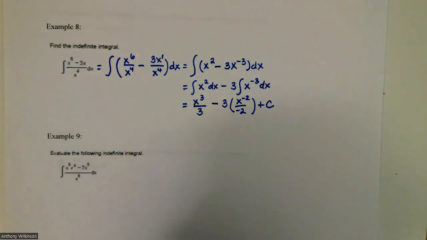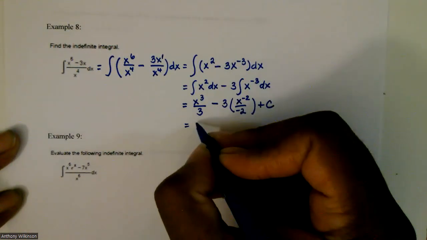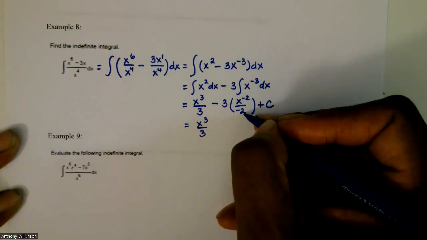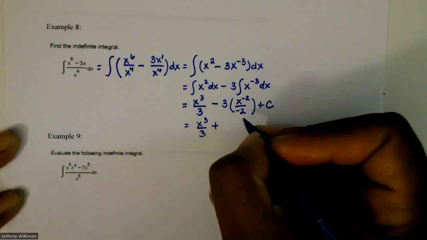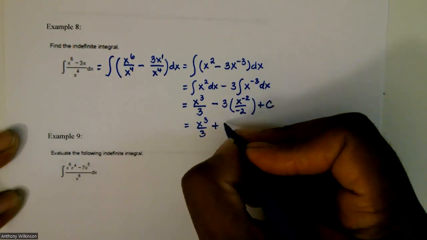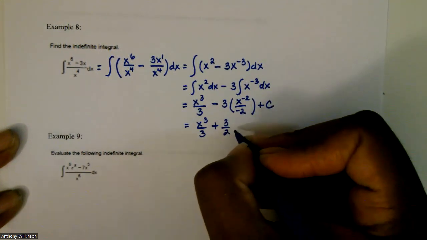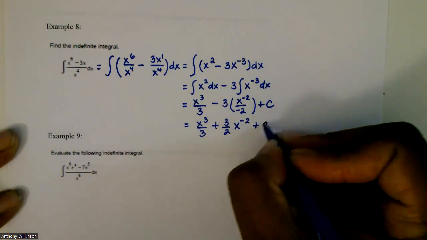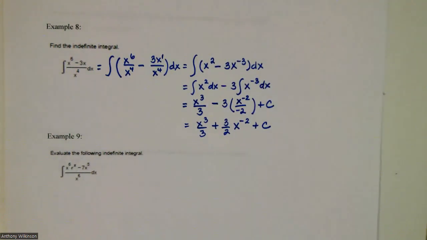So here, if I simplify this, this will be x cubed over 3. This minus divided by that negative will make that a plus, 3 over 1 times 1/2 will be 3 halves, x to the negative 2 plus c. And I will leave it like this, but check with my math lab to see how they want that final answer to be.